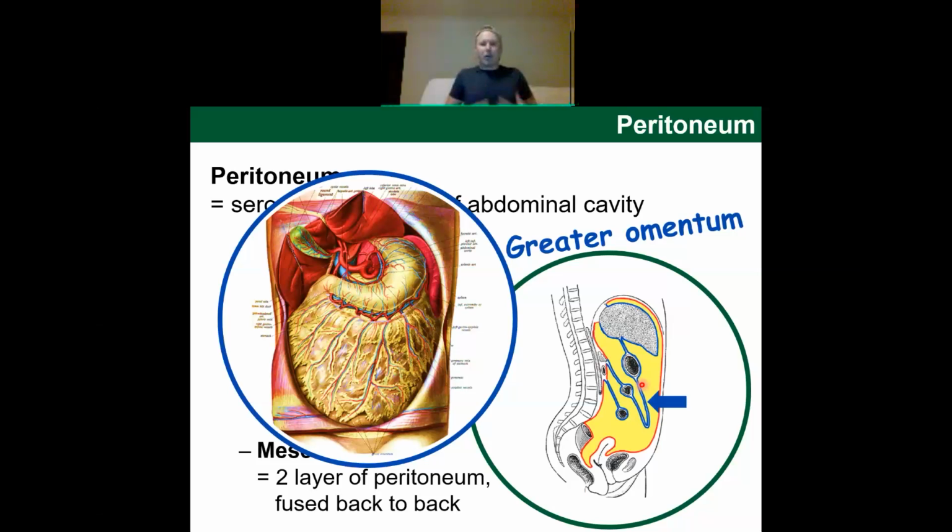But when you dissect a person and you open the abdominal cavity, you remove the skin, you remove the fat tissue, you remove the muscles that are there, this is the next structure that you will see, this kind of flap-like loop of serous membrane. You'll find a little bit of fat, adipose tissue on it. You'll find blood vessels running. That's the greater omentum. So that's the reason why you need to know the structure, that this is the first one that you'll end up seeing if you actually cut into the human body.